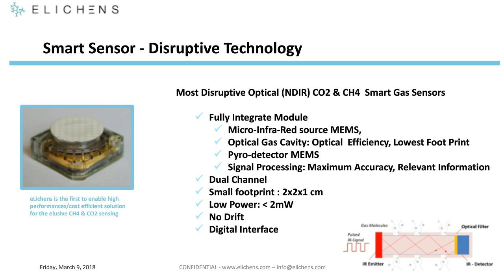It is a dual channel sensor, a very small footprint, very low power, less than 2 milliwatts, no drift, and has a digital interface which makes it easy for our customers and our clients to design this within their platform.